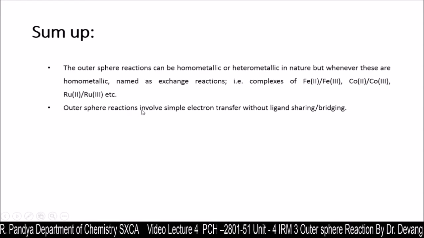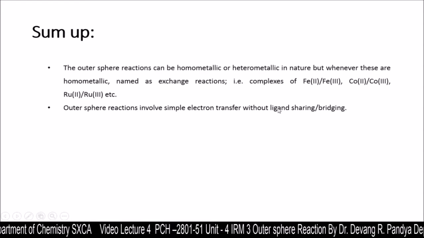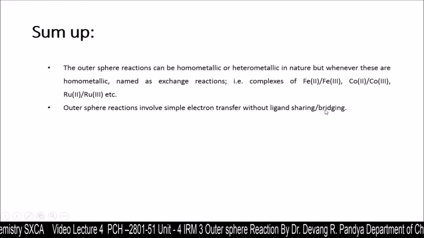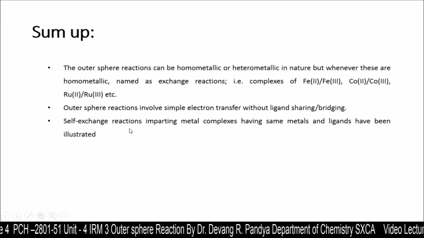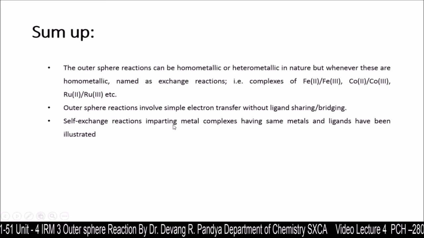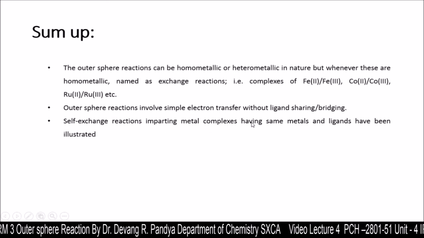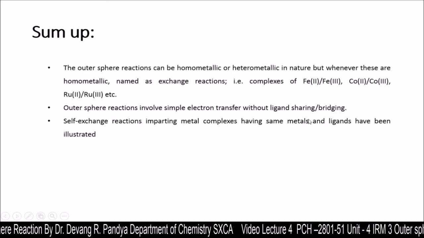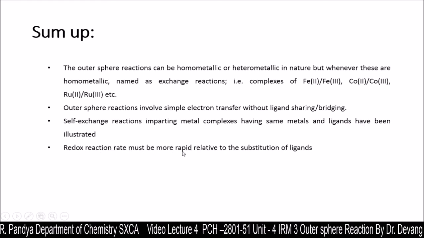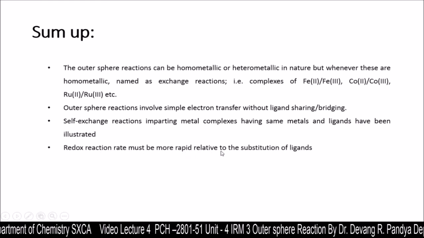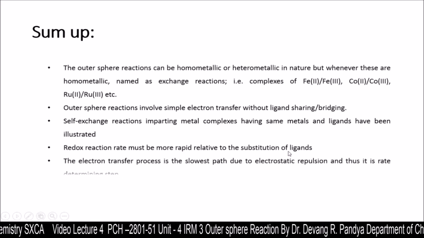Outer sphere reaction involves simple electron transfer without ligand sharing or bridging, using the Franck-Condon principle. Self-exchange reaction, also known as the outer sphere mechanism, involves metal complexes having the same metal and ligand, as illustrated over here. The redox reaction rate must be more rapid relative to the substitution of the ligand.